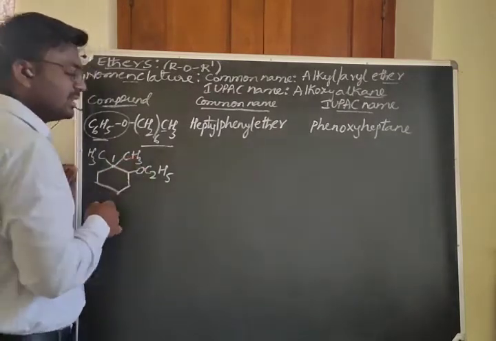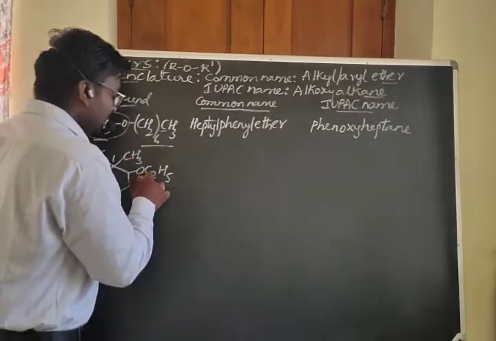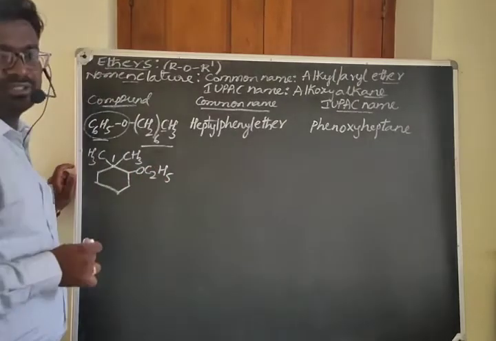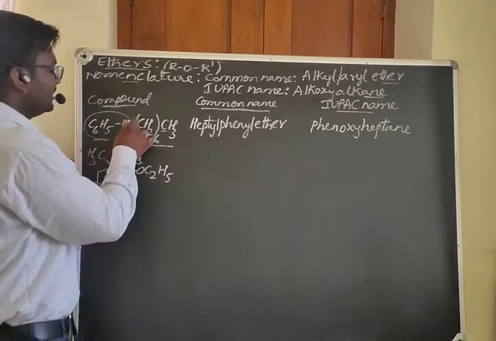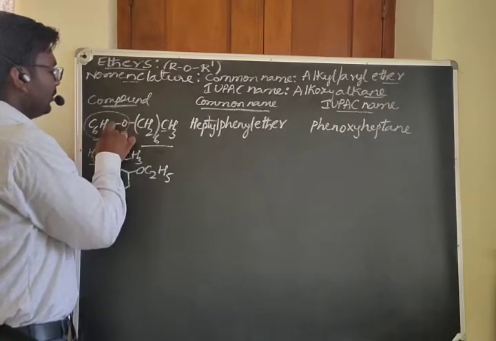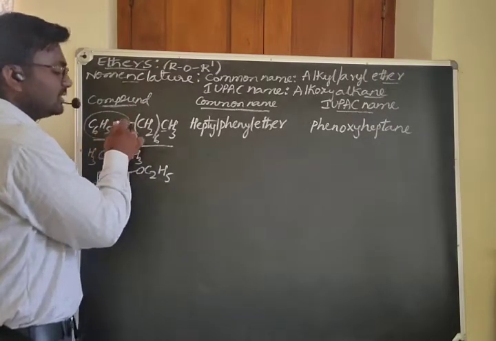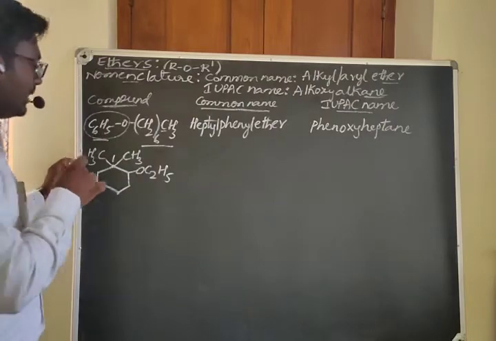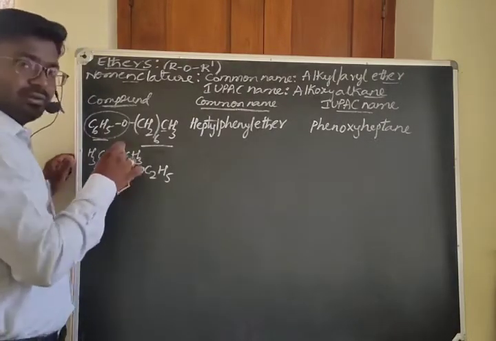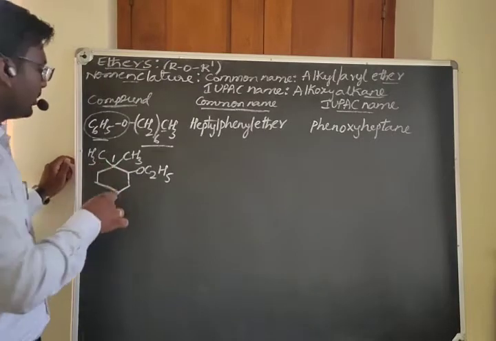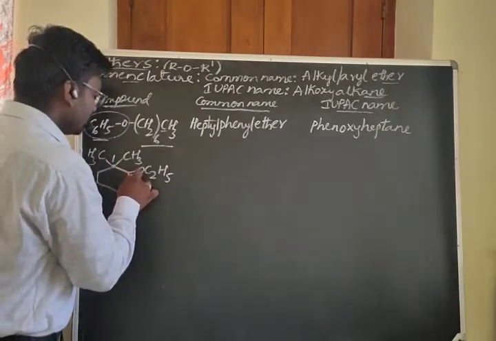Here methyl is also a substituent, and the ethoxy group is also considered a substituent, because the O with the alkyl or aryl part is considered a substituent. So we consider the carbon containing more substituents as 1 and this is 2.